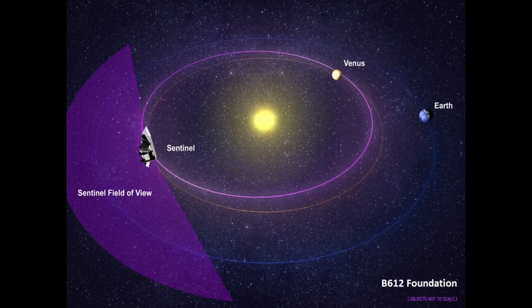This is a space telescope that is going to be out in like a Venus orbit, and it's going to be able to take a look at the areas where we can't see these things currently, with the technology that we have in place. Yes, with current technology, and this is a totally privately funded venture.